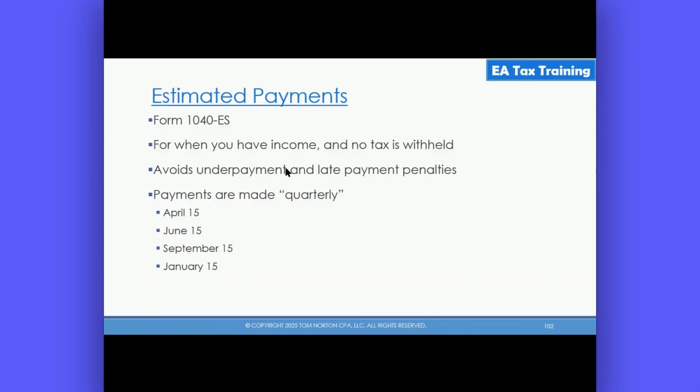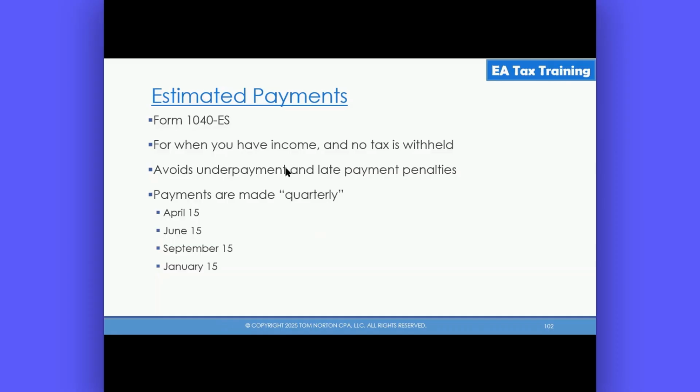You make these on a Form 1040-ES. By making these payments, you can avoid penalties for underpayment and late payments. So the IRS wants you to be paying in as you earn your income. So all year long, they want you paying in. So when you have a job, it's pretty easy. You're getting your paycheck every month, they're withholding the amounts every month.